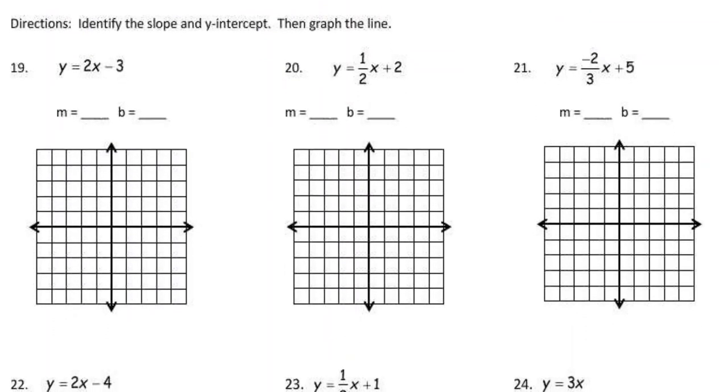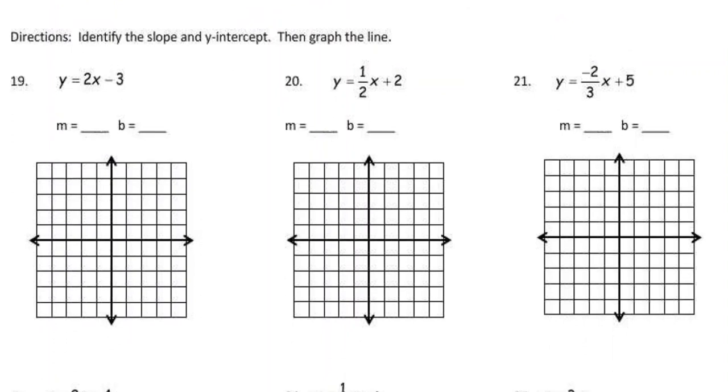All right. So for these ones, you need to identify the slope and the y-intercept, and then you're going to plot. So let's do some of them together, and then you guys can wrap it up. So your slope is 2, and your y-intercept is at -3. Now if I want a y point, remember I have to put 0 in the front.